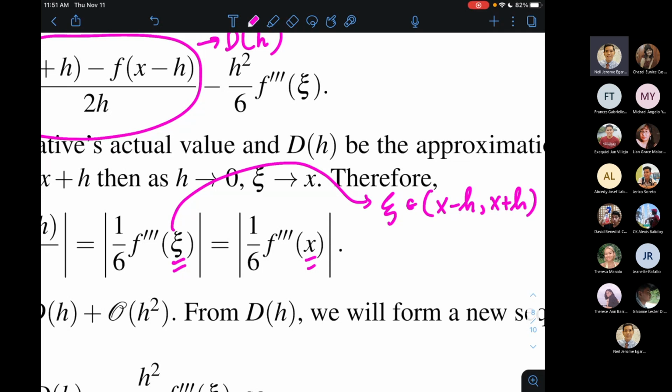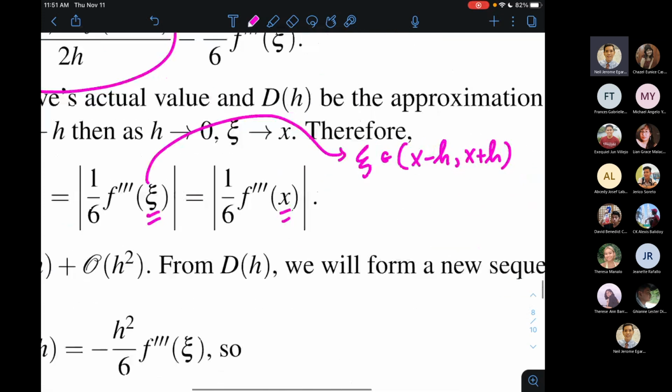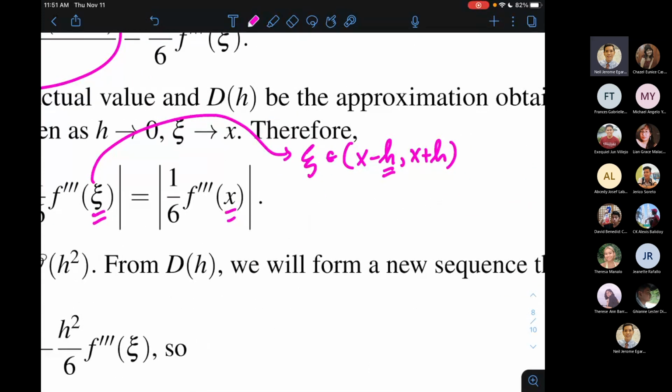But remember, in this limiting process, we are taking the limit as h approaches 0. So when h approaches 0, x minus h will be arbitrarily close to x, and x plus h will also be arbitrarily close to x. So it is like just one neighborhood.